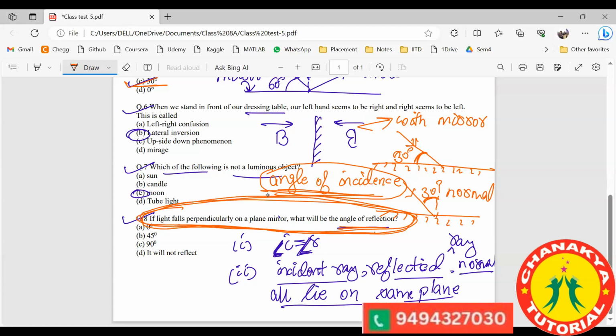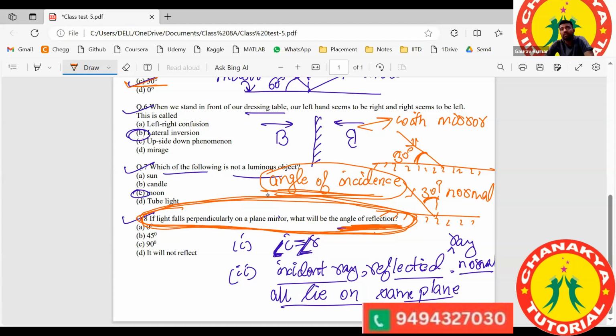Sir, I have another doubt related to this. If two mirrors are placed next to each other, and the angle between the mirrors is 60 degrees, then how many images will be formed? It will be 5. Sir, how do we calculate this?